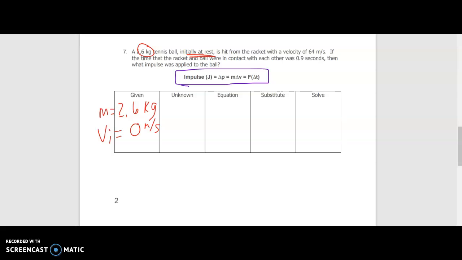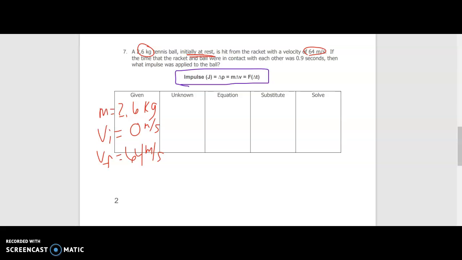And this tennis ball is hit from a racket with a velocity of 64 meters per second. So we're assuming that the final velocity of the ball, after it's hit with this racket, is going to be that 64 meters per second.